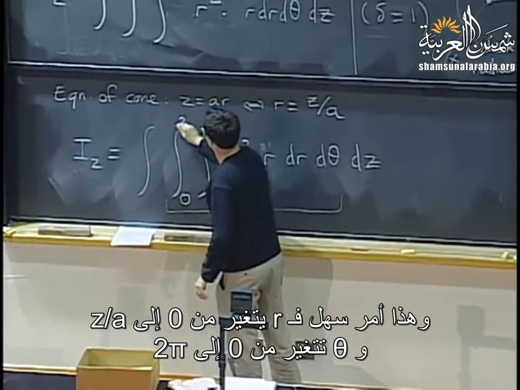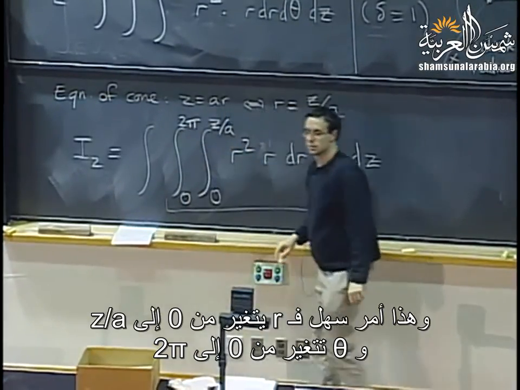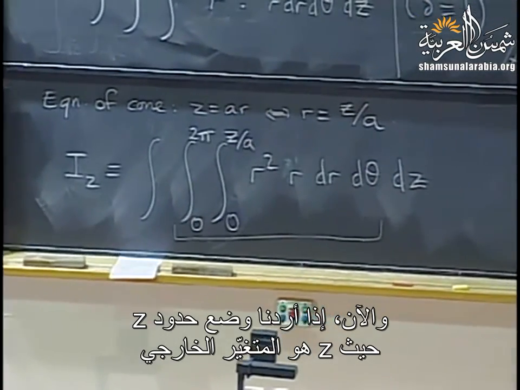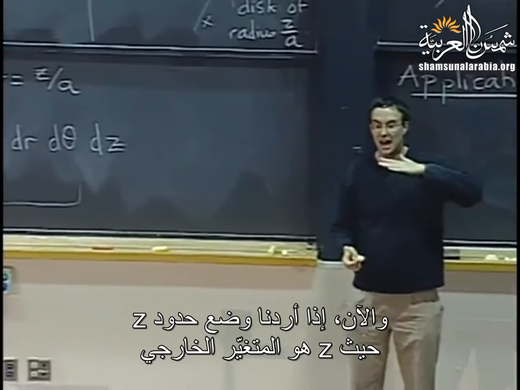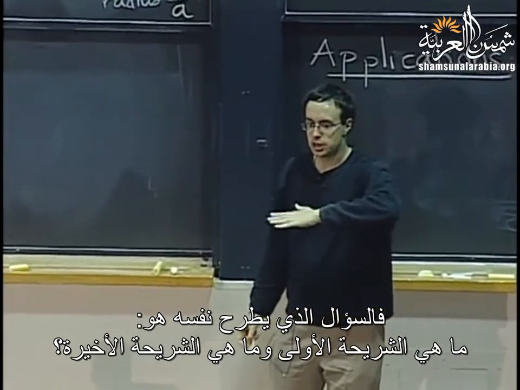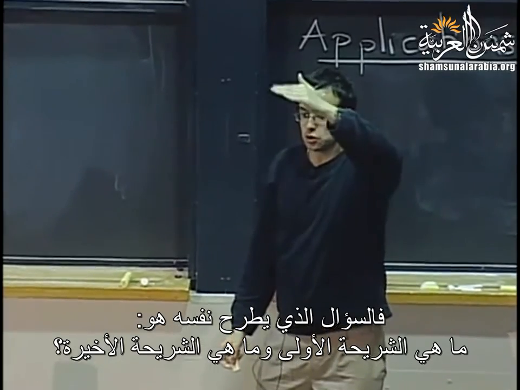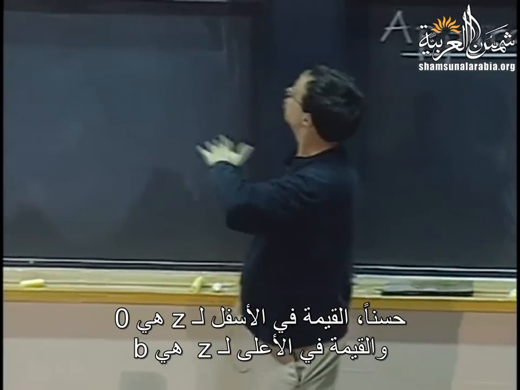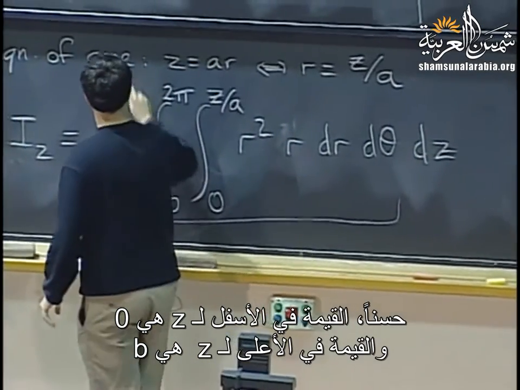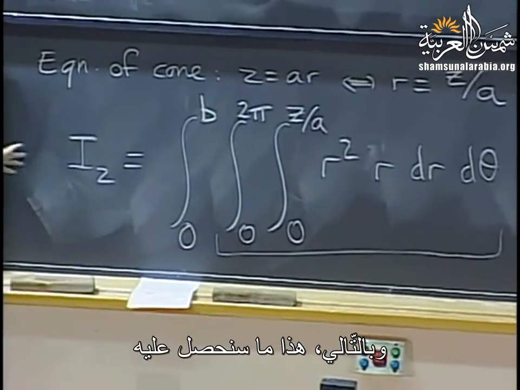Theta goes from 0 to 2 pi. And then, if I set up the bounds for z, now it's my outer variable. So the question I have to ask is, what is the first slice, what is the last slice? The bottommost value of z would be 0, and the topmost would be b. And so that's what I get.